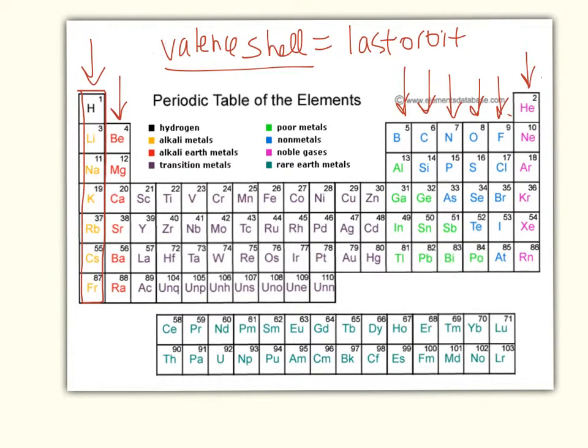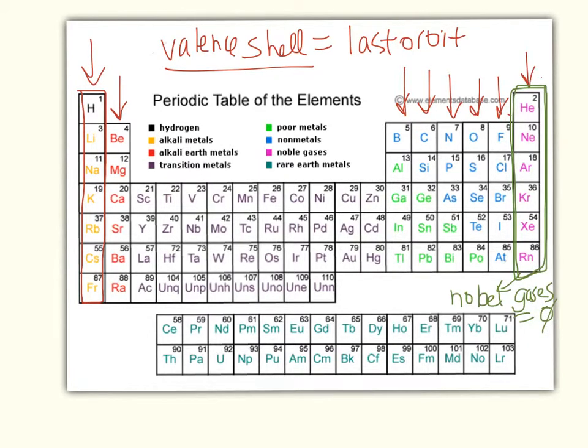And what they're all striving for is to be considered on the far right of our table here, in this last family group, starting with helium, neon, and then argon, krypton, xenon, all the way down. This column here is called our noble gases. And they're considered noble gases because they actually have a charge of 0.